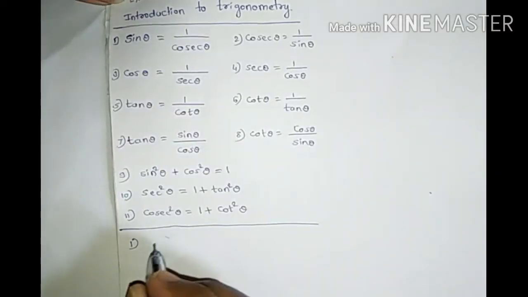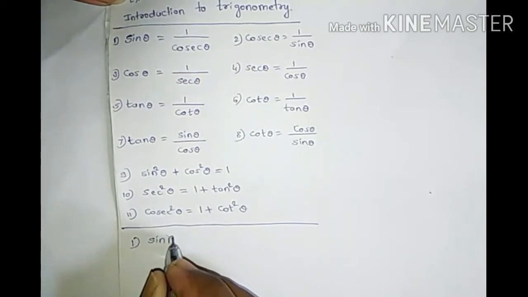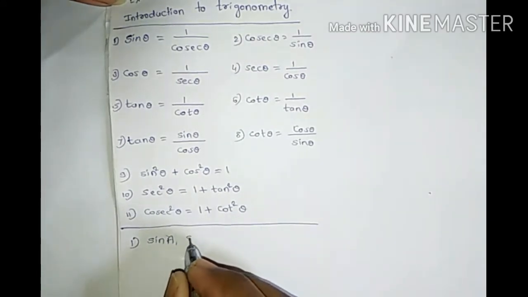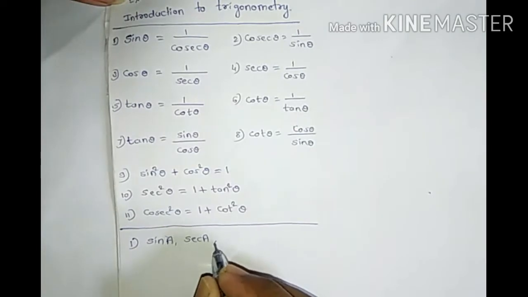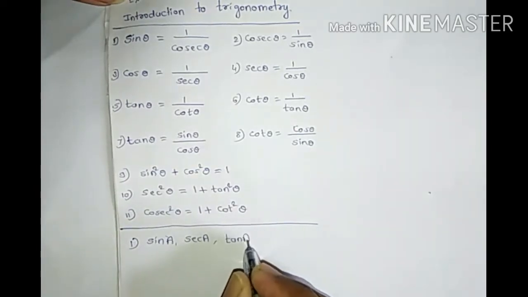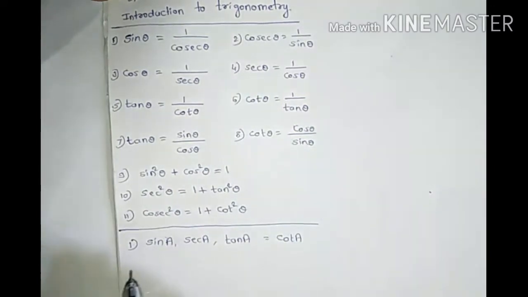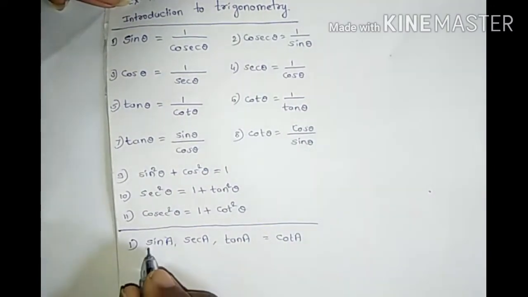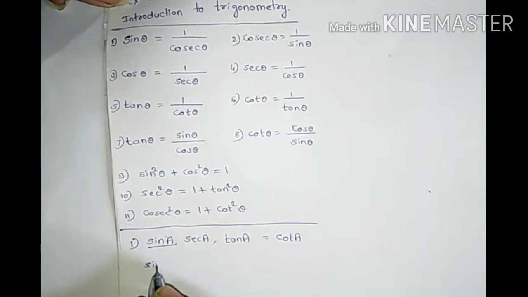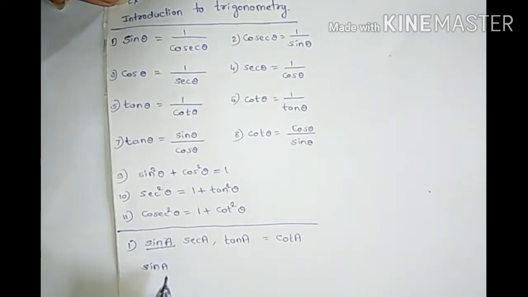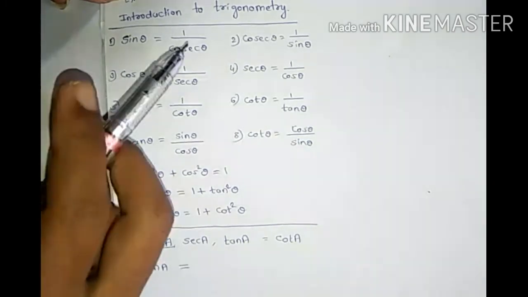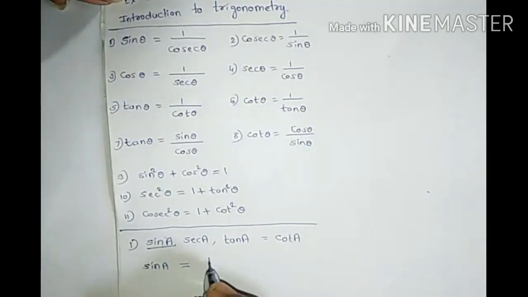We have to represent sin A, sec A and tan A in the form of cot A. First, we will take sin A. We have the identity for this, sin theta equal to 1 by cosec theta.